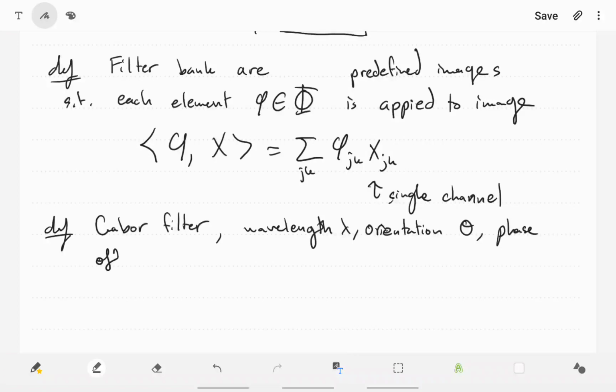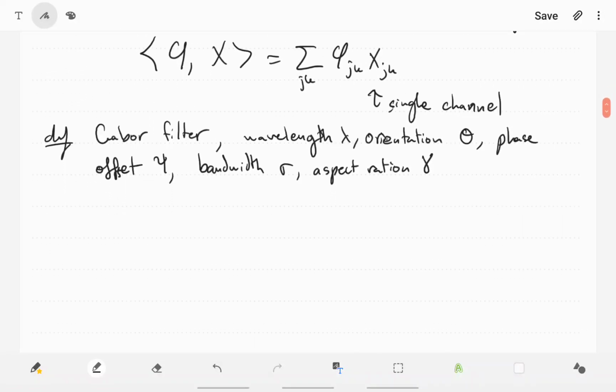This is a bit more detailed than we require, but it's good to go through this just to see how difficult it is to come up with filters that are targeted towards certain image types. There's a bandwidth parameter, this is sigma. And an aspect ratio parameter. So there are quite a few parameters, and they all have some sort of intrinsic meaning based on images and image processing.